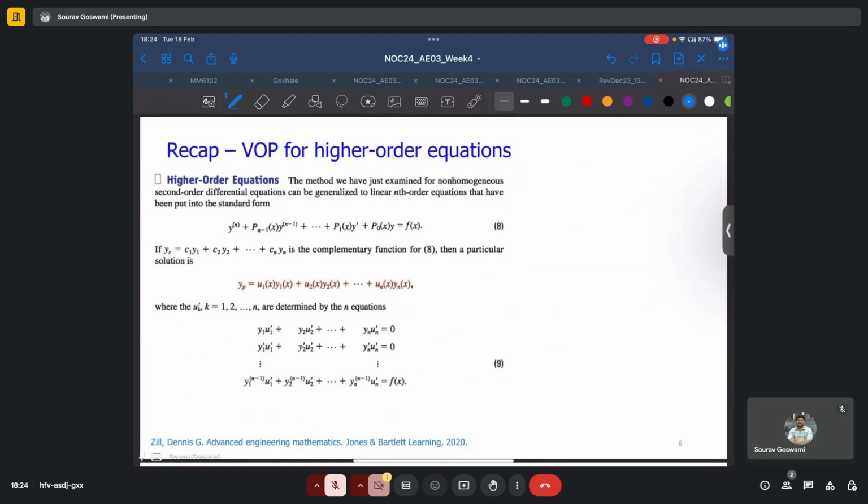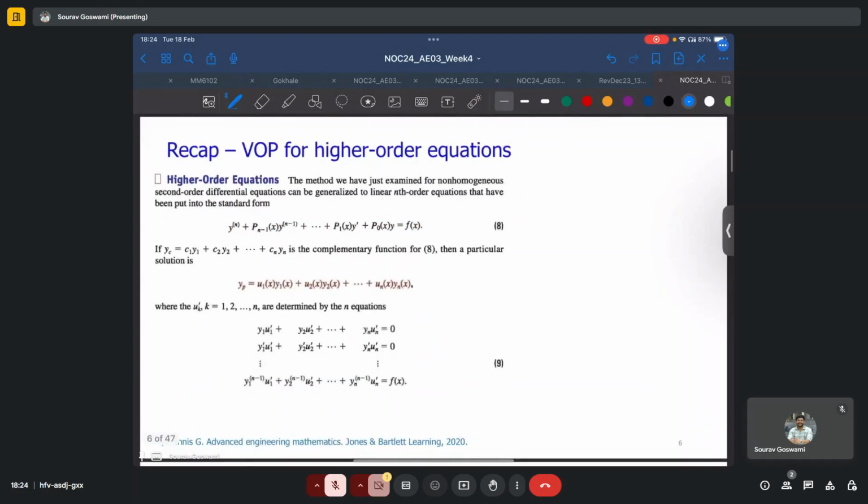The previous section familiarized us with ordinary differential equations of the second order, but we also have the same formulation of the method of variation of parameters for any general nth order differential equation, and we'll just briefly touch upon its algorithm. Maybe we'll even solve a question in the tutorial.